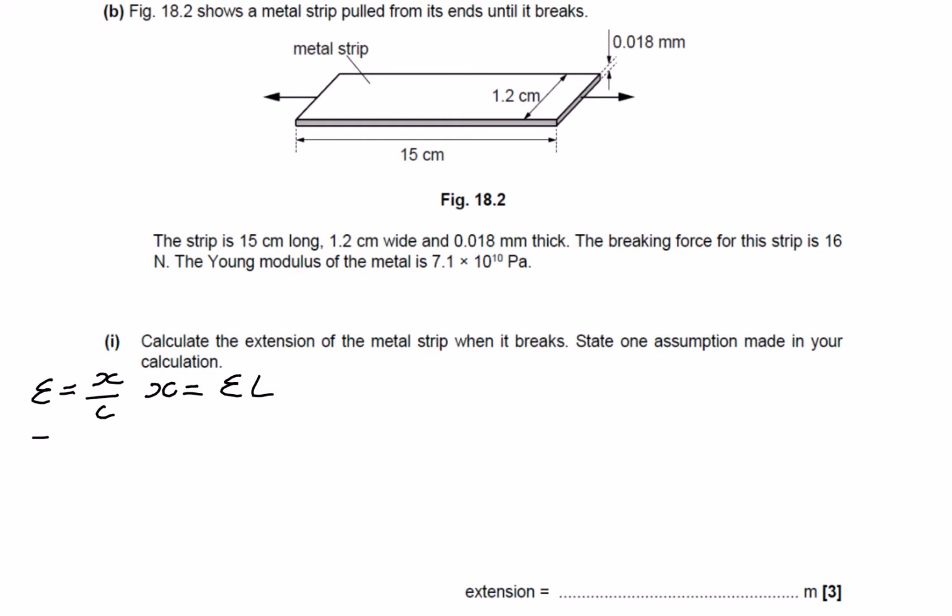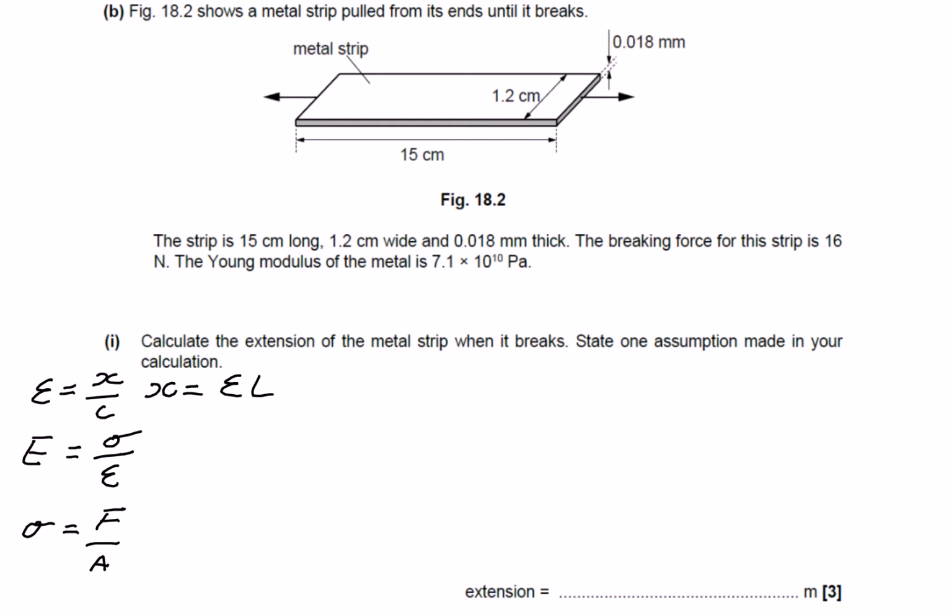And I know that the Young modulus is equal to the stress over the strain, and that's fine because I'm given the Young modulus, but I don't know the stress, so I'm going to need a third equation, which is going to say that my stress is equal to the force over the cross-sectional area, and I'm given the force, and I can work out the cross-sectional area, that I've got my width and I've got my thickness.